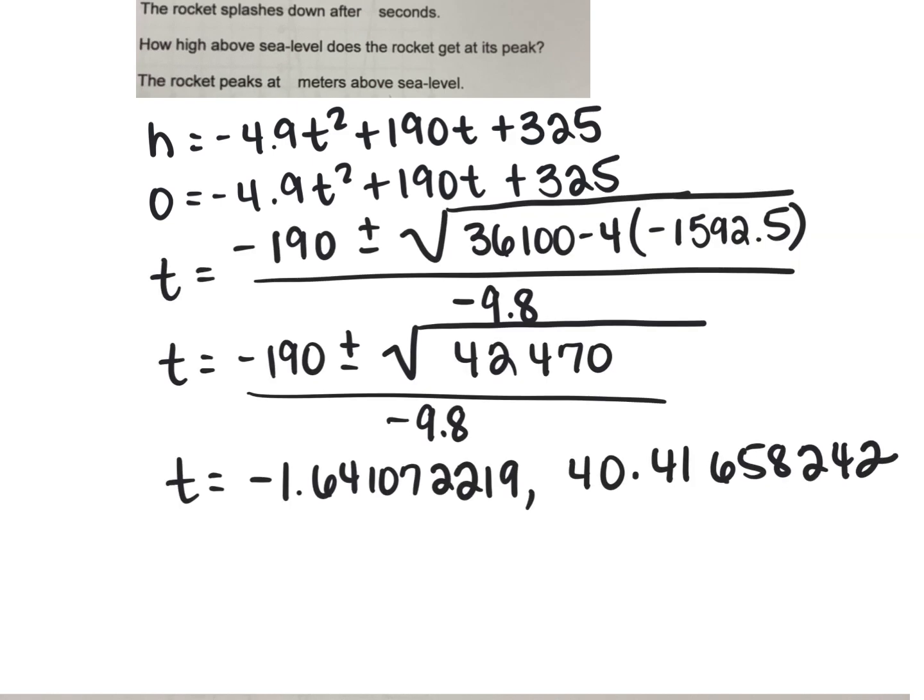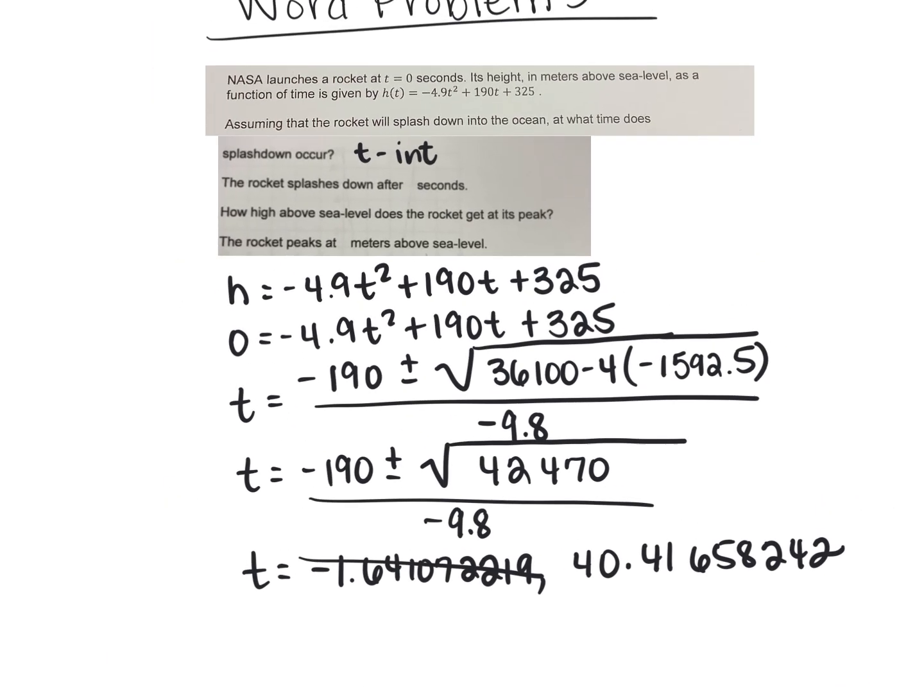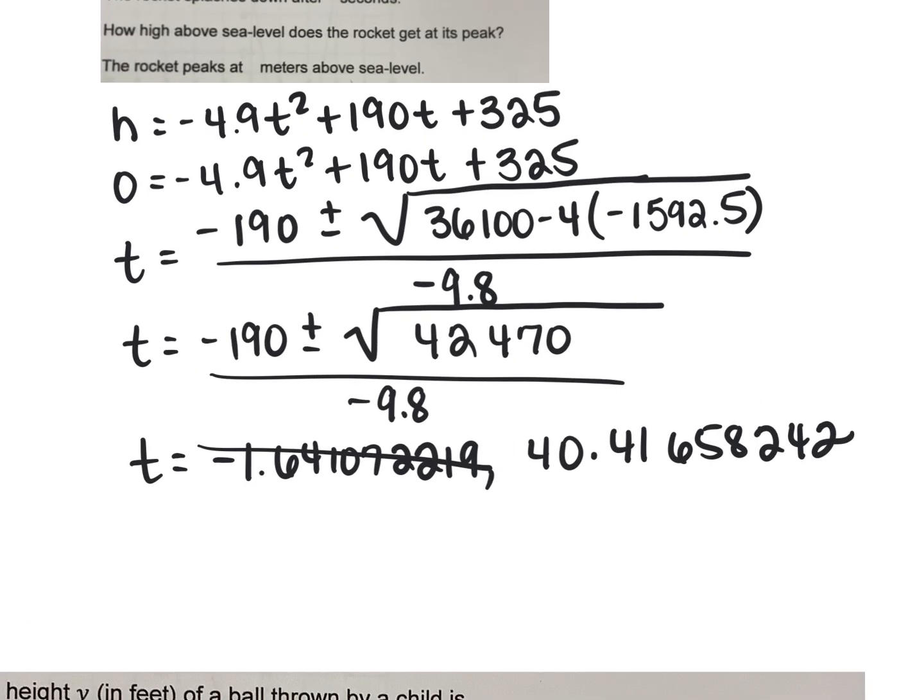Obviously we're talking about time, so the negative one must be disregarded. So this rocket will reach its splashdown at 40.41 seconds after it takes off.